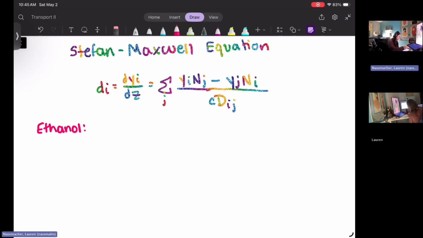So for our ethanol, it's going to be the change in our mole fraction of 1 over the change in position is equal to the sum of 2, and I'll have a mole fraction of 1 multiplied by molar flux of 2.